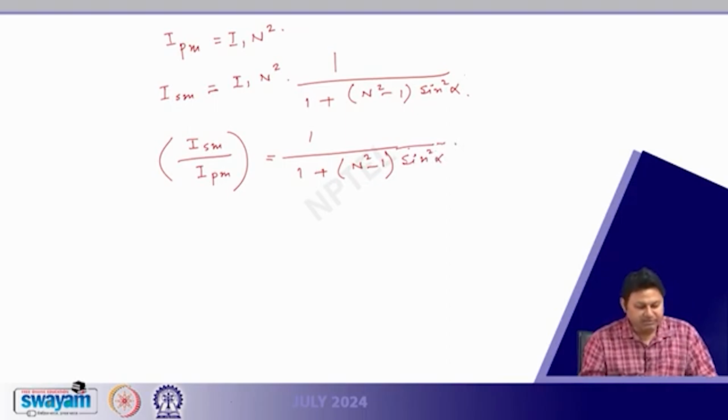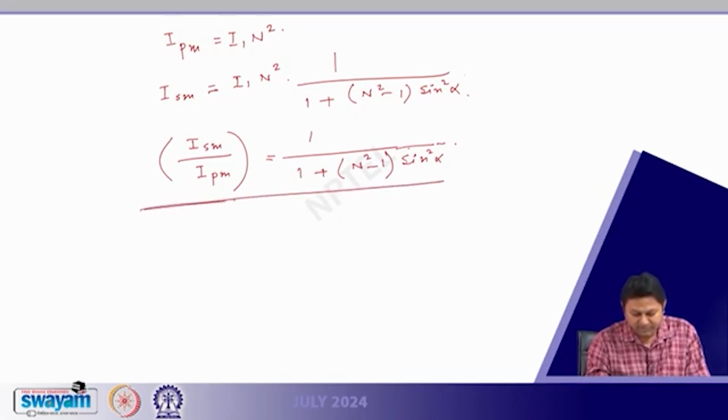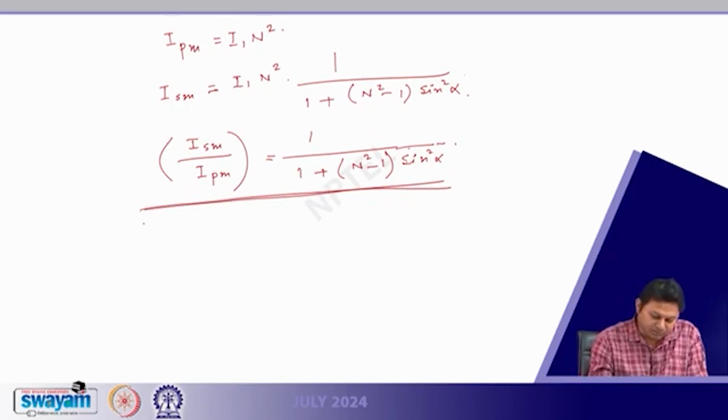That is the ratio of the two maxima, and based on the value of n and alpha one can find out the value.